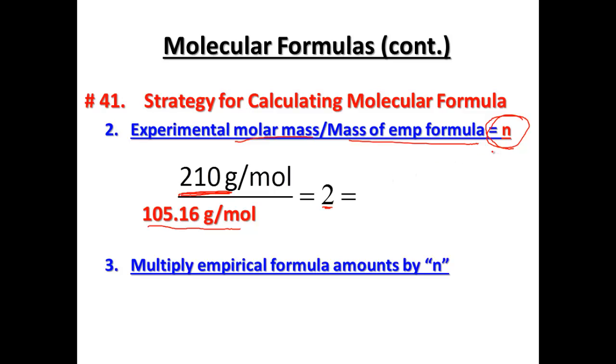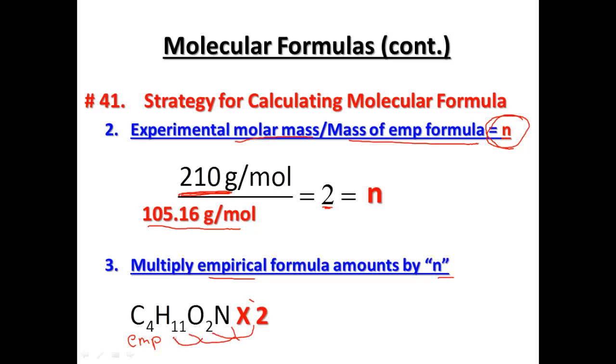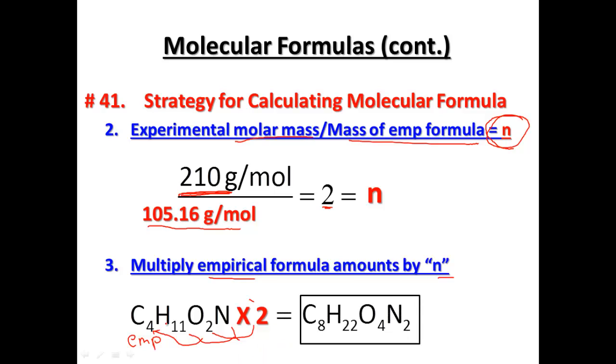And so what we can do then is take our formula, this was our empirical formula, and multiply it by that number n, which was 2. So that 2 is going to be multiplied by each of our subscripts there, and in the end we now have C8H22O4N2.